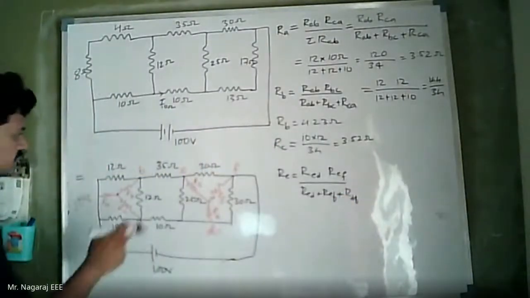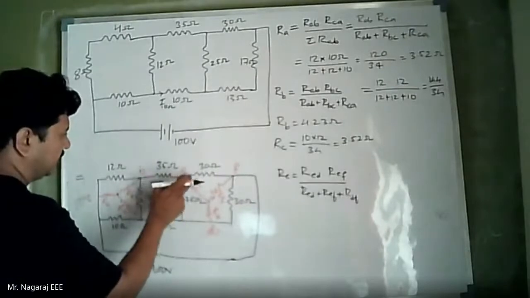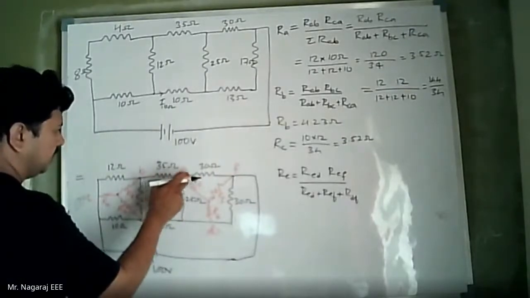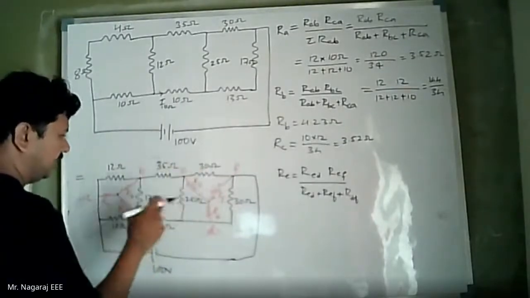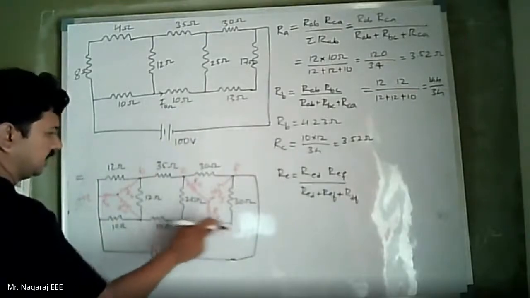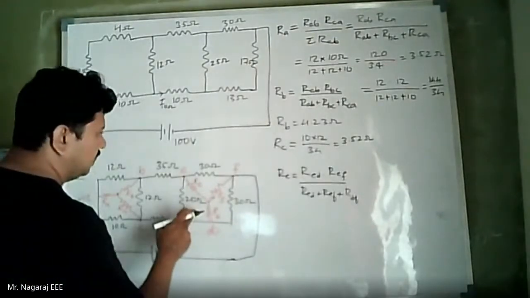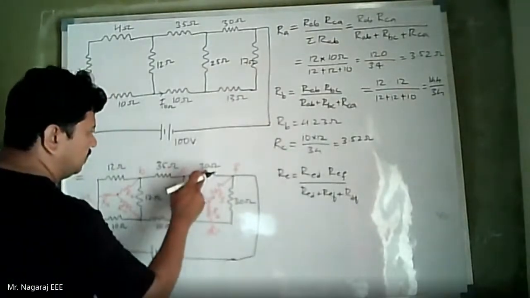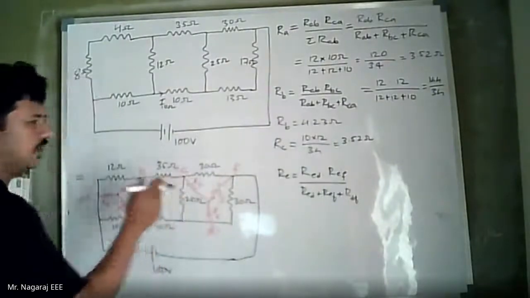I want this resistance RE, product of two resistances connected to this terminal, that is EF and ED. This terminal is D. So EF and ED, divided by sum of all the three delta connected resistances.